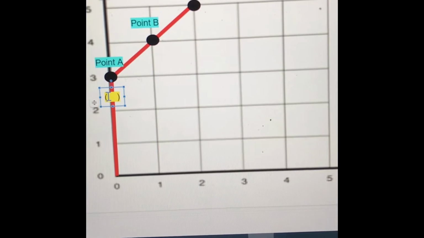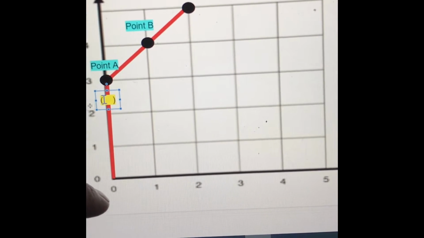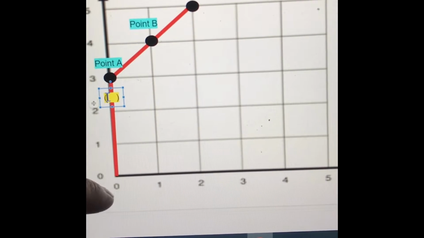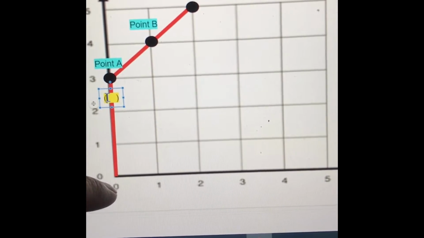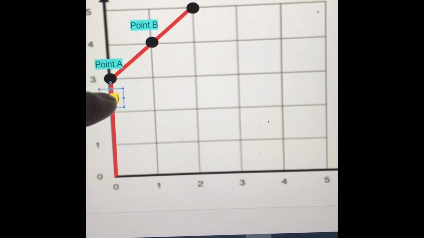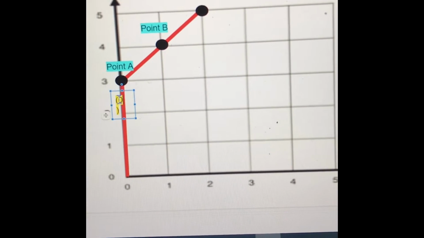So if we look at point A and we look at the x-axis, we never leave 0. So for point A, along the x-axis, the number is going to be 0.